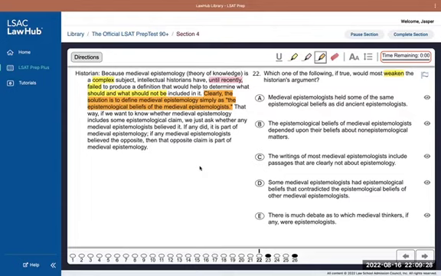And I think it would be pretty safe, along with common sense, to say that if we're struggling to define what the content or the definition would be of epistemology, we probably don't have a very clear idea of exactly who is an epistemologist and who is not.